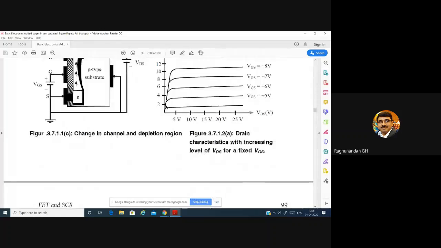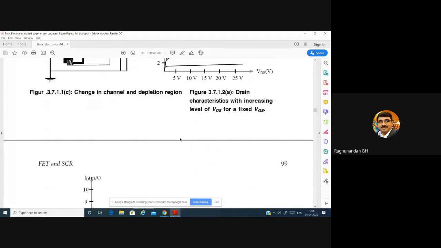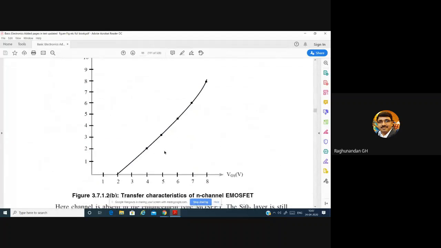But you should remember one thing: the drain characteristics will look like this, but the transfer characteristics is entirely different. You should not think that the transfer characteristics is the same as what you had in the D MOSFET. It is a linearly increasing curve.